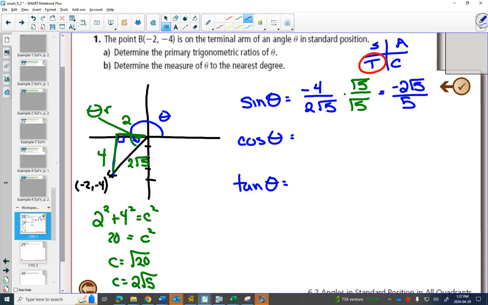Cosine will be adjacent over hypotenuse. It will also be negative in quadrant 3. In this case, we would have to rationalize the denominator again.